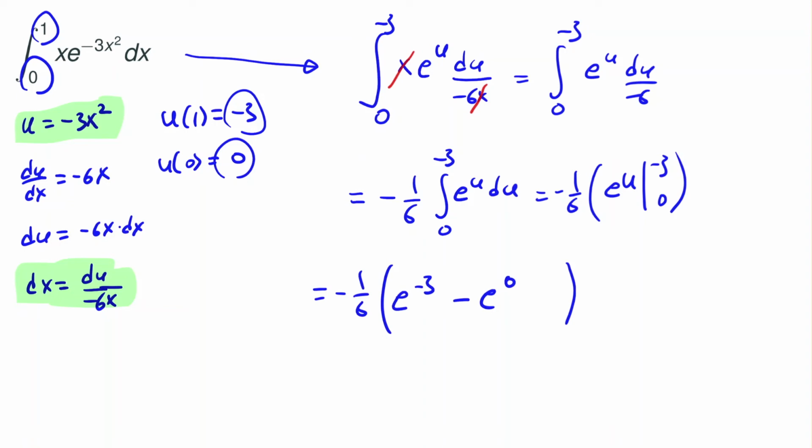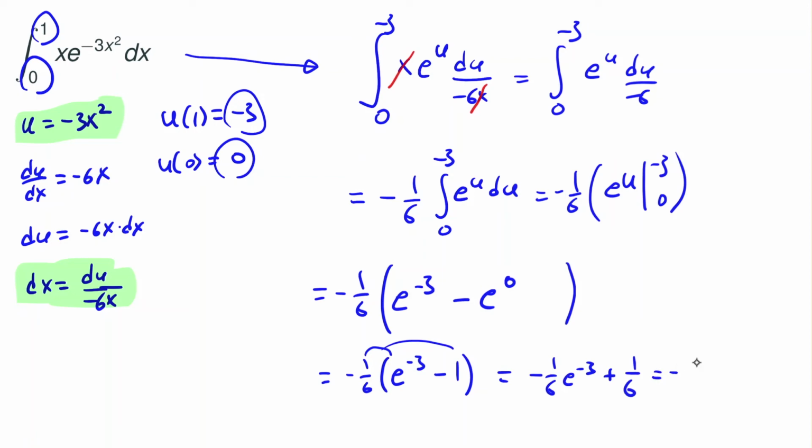Well, e to the 0 is 1, so we have negative 1 over 6, e to the negative 3 minus 1, which we can distribute. Negative 1 over 6 e to the negative 3 plus 1 over 6. And we can write this with a positive exponent in the denominator. Like this.